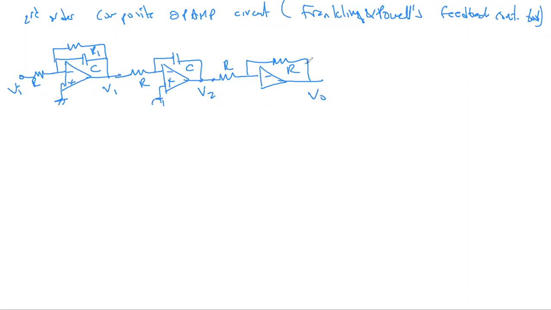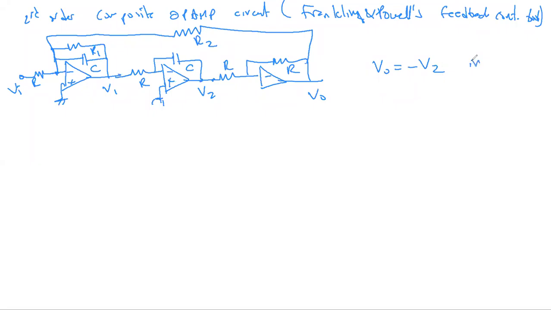Then from this V0, we take another signal and send it to the input, the negative terminal of the first op-amp circuitry. I have V0. Again, if you look, V0 is equal to minus V2.